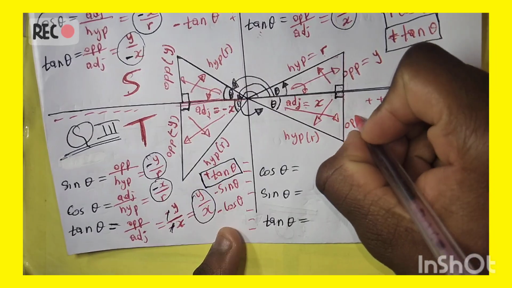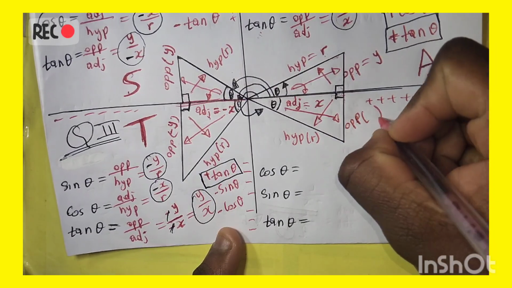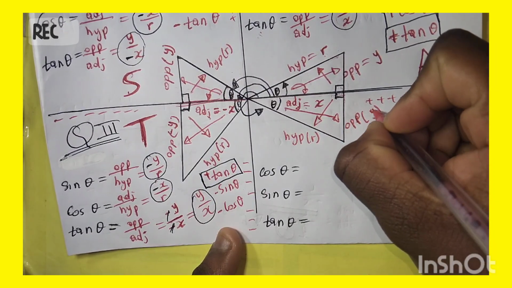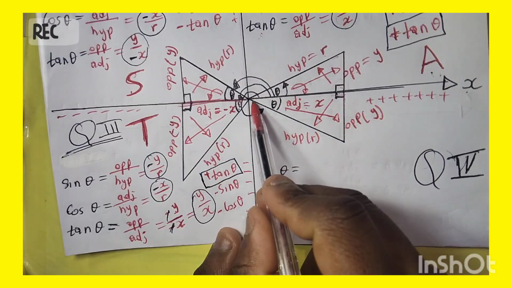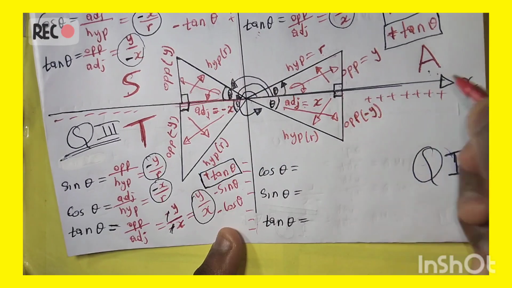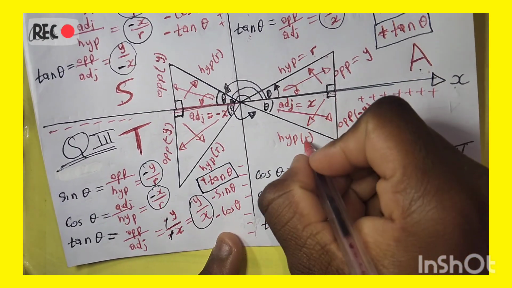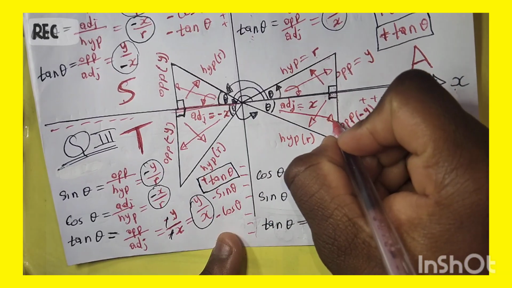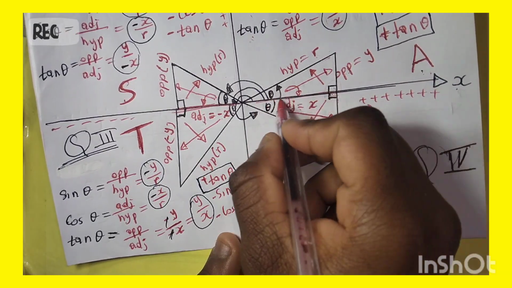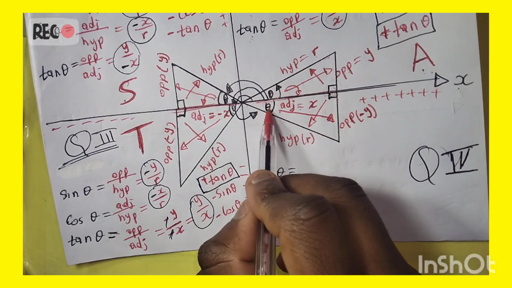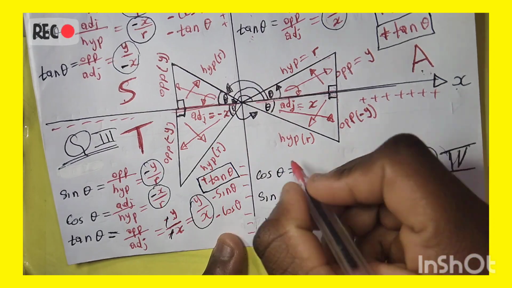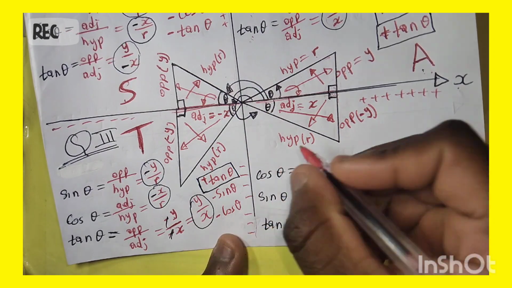Now I know that this is the hypotenuse, which is r, and this is the opposite, guys, which is y. But if you take a look, our y value here is on the negative side. Do you see? This is r. Okay. This is still adjacent because it is the side next to this angle. So now let me apply my trig ratios.